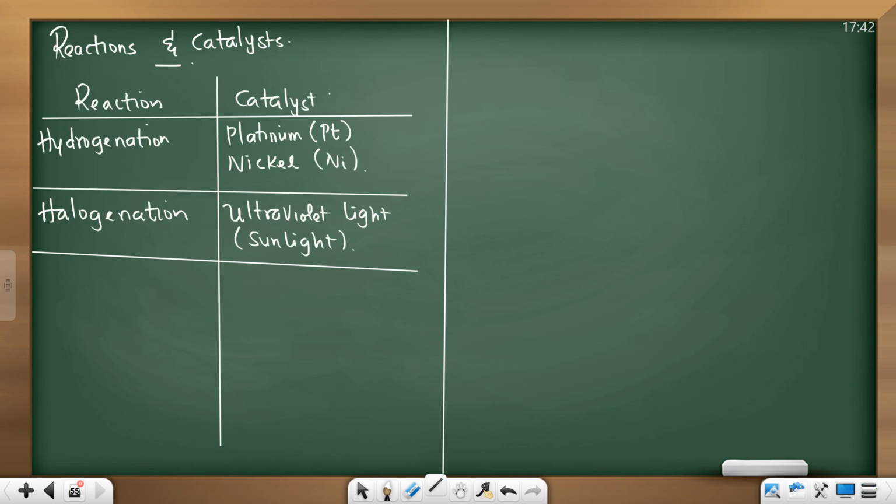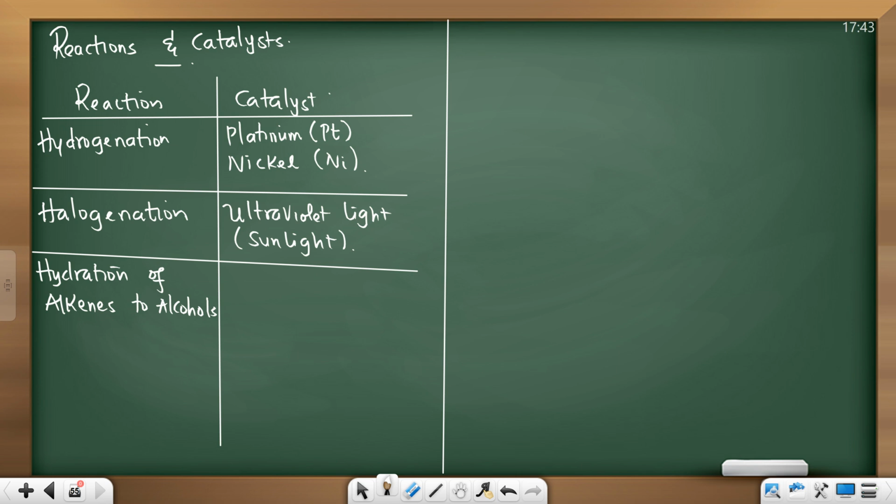Number 3, hydration. Remember, we are adding water now, right? But I want to say hydration of alkenes to alcohols. So we can add water to an alkene and it makes sense. My alkene is unsaturated.